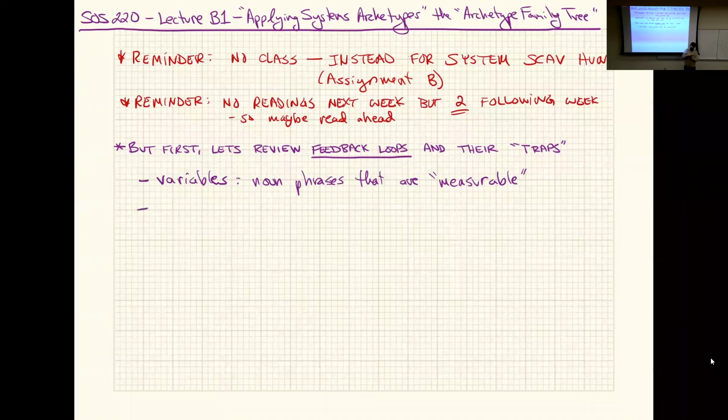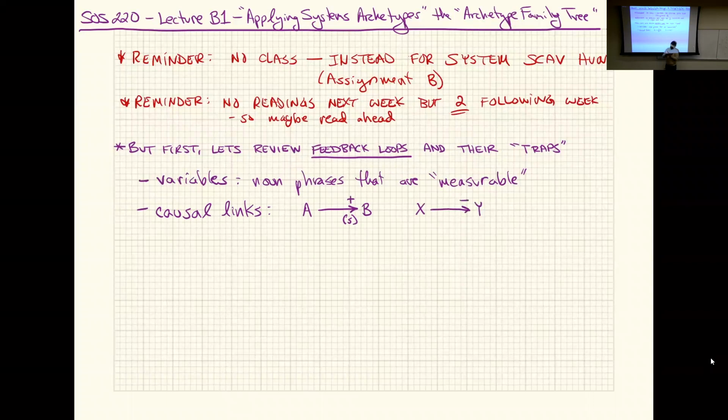So those were our variables, and then we finished up talking about the causal link between variables, like A is a cause of the effect we call B, and we might mark it with a plus or same, or we might say X is a cause of the effect we call Y. The idea here is that if you get a change on A, you get a same direction change on B. And then likewise for X and Y, it's the flip of that.